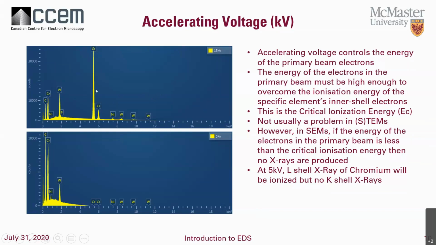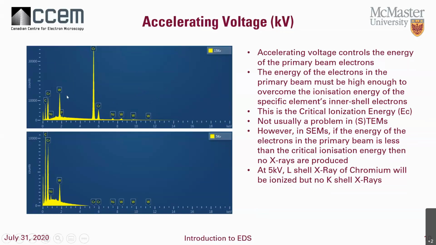So here we can see in the top spectra the main K alpha and K beta peaks, so that's the K shell peaks for chromium. And down here we can see the L shell peak for chromium.